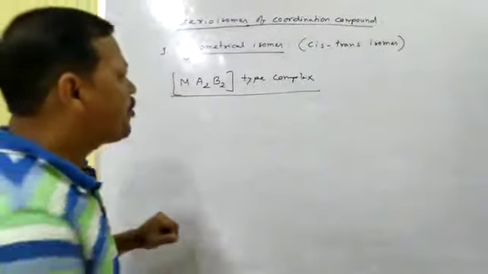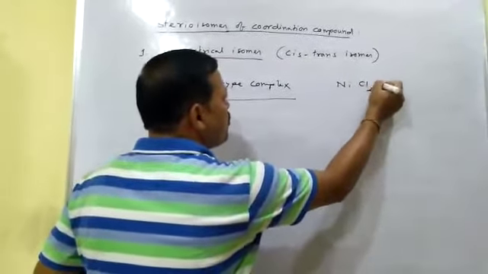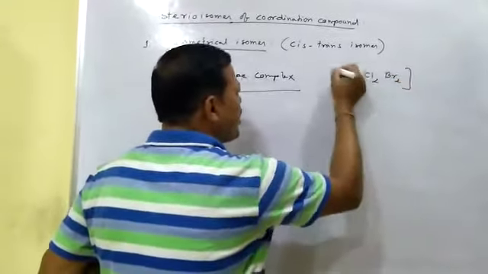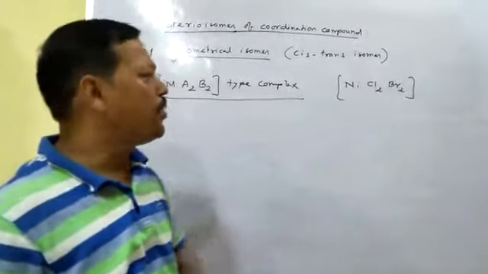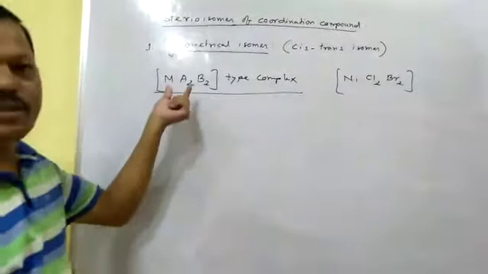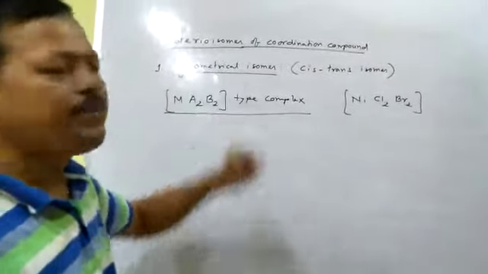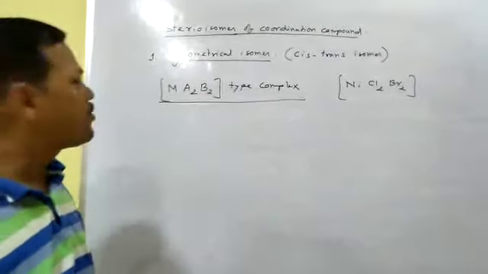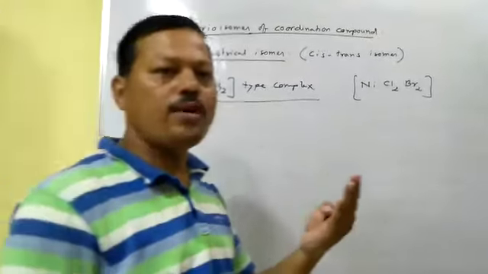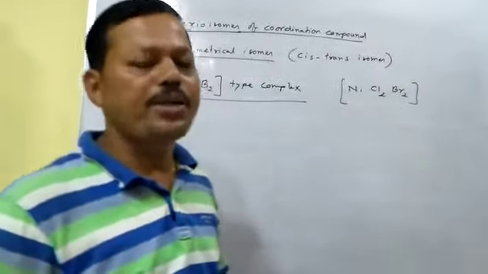So I have considered, for example, NiCl2Br2. If your complex is of this Ma2B2 type, then you can draw the geometrical isomer. Here what is the coordination number? Coordination number is 4 because there are 4 ligands, all monodentate, so they can produce 4 bonds.